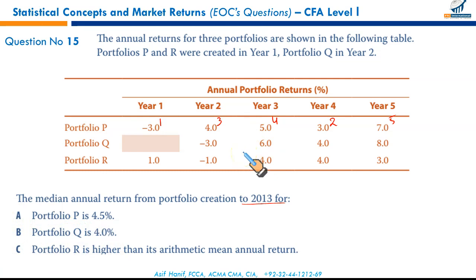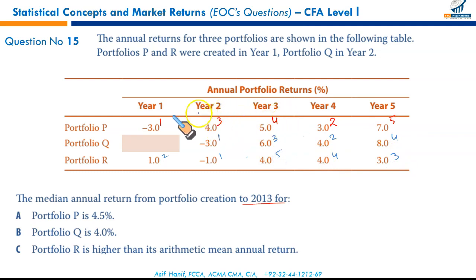Now for the next one, this is the lowest value, going from the smallest to a larger one, to a further larger one, and the largest. Okay. For portfolio R, the lowest value is 1, 2, 3, 4 and 5.